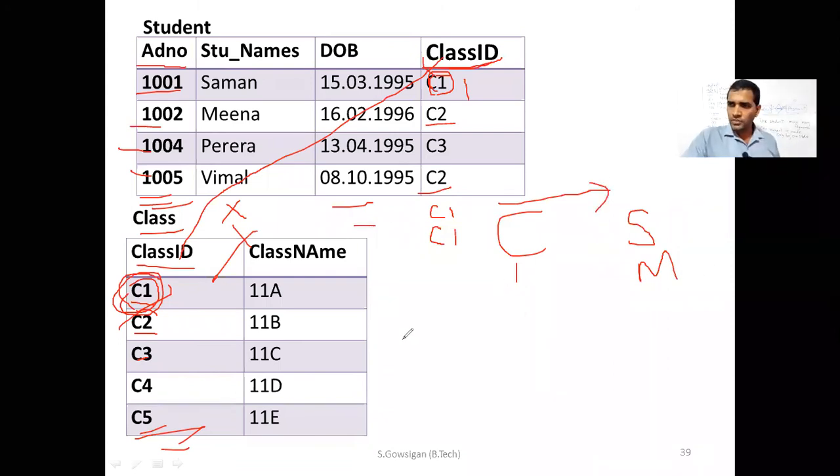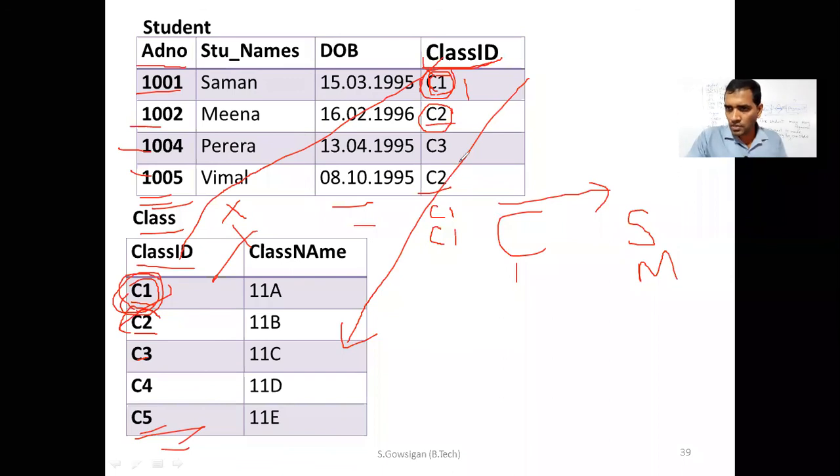Check in the opposite direction. How do we check in the opposite direction? Take C1. Now I am going from student to class. Take C1. How many times is C1 entered in the class table? Only one. Take C2, a data in the class table. How many times is C2 entered there? Only one, right?